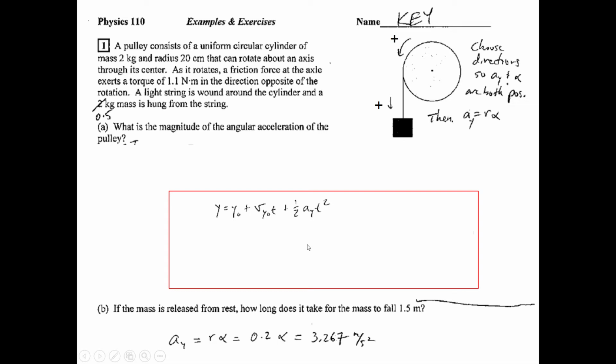And what we want to know is, what is t when y minus y0 has a certain value? So y minus y0 is 1.5. The acceleration is given there, and in that case we can just solve for what t is, how long it takes to get to that final y of 1.5 meters. And that's 0.958 seconds. That's part B of problem 1.